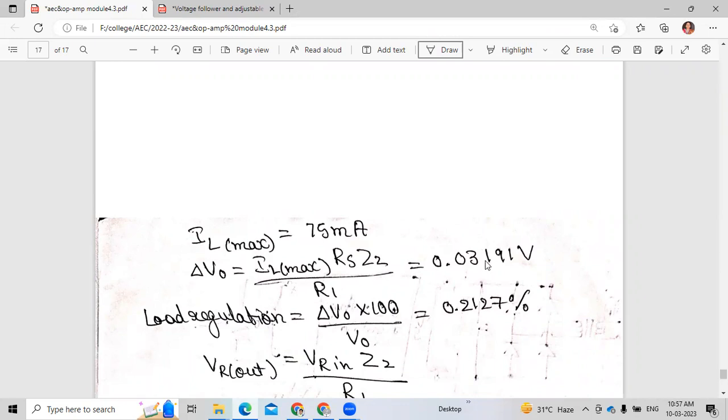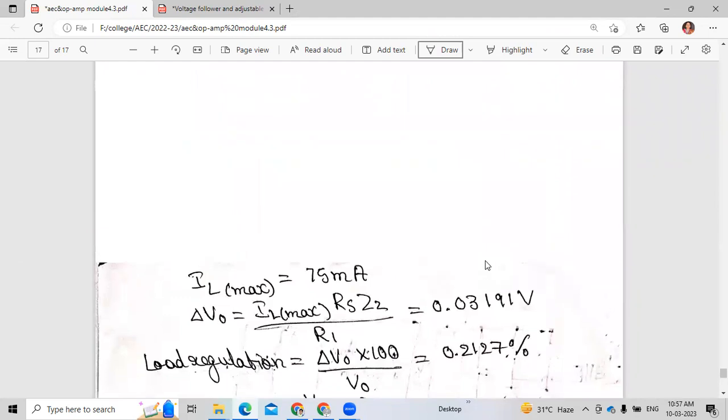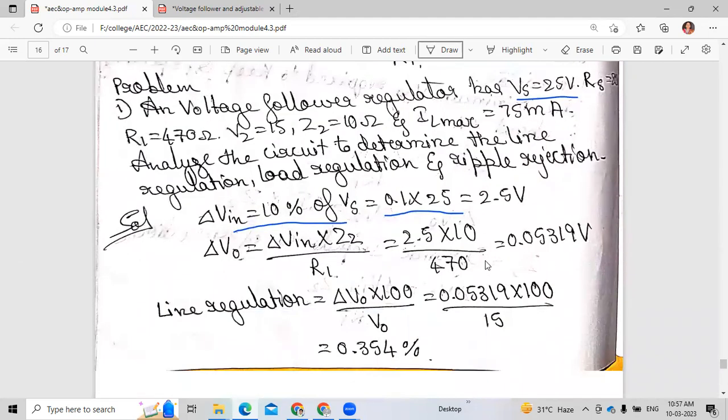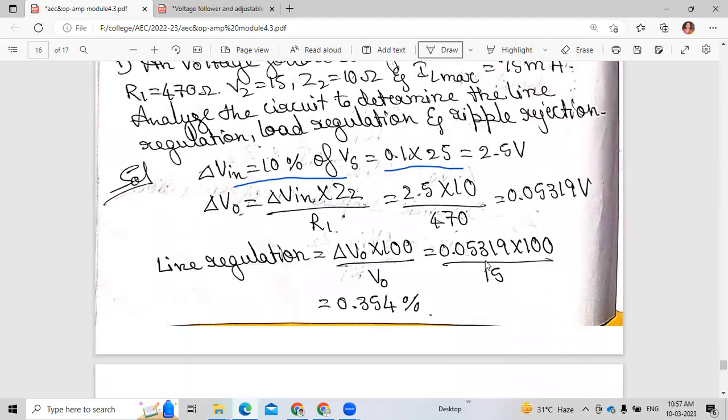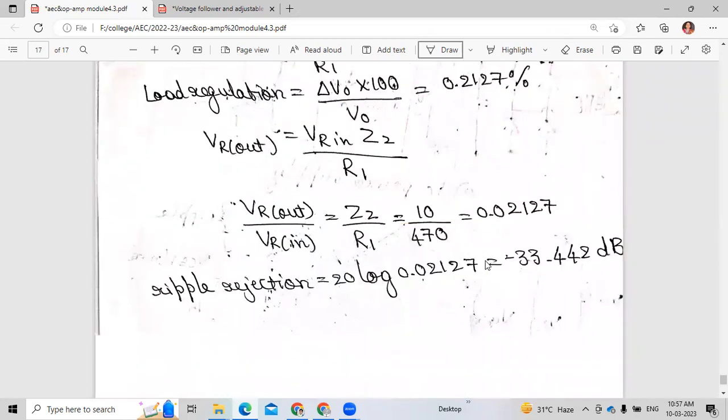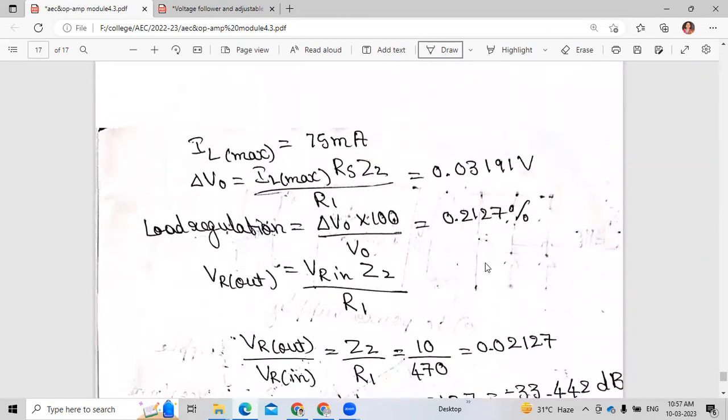So from that we get 0.03191 V. And load regulation equals ΔV₀ into 100 divided by V₀. So if you substitute and calculate, you'll get 0.2127%.